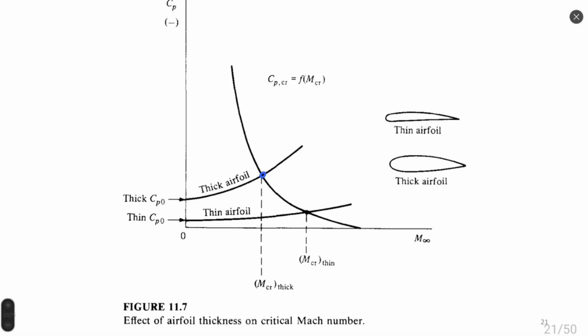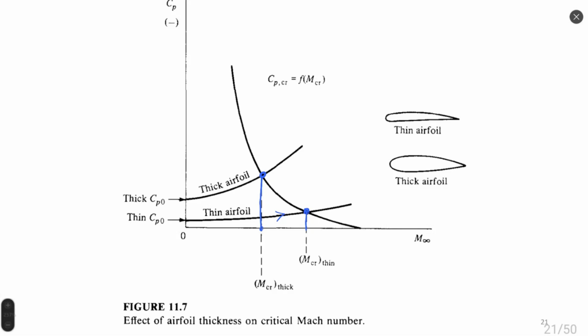Here, for thick airfoil, Mach critical will be smaller, and for thin airfoil, pressure coefficient is always lower, so the intersection will happen further along, and it will have a higher critical Mach number.